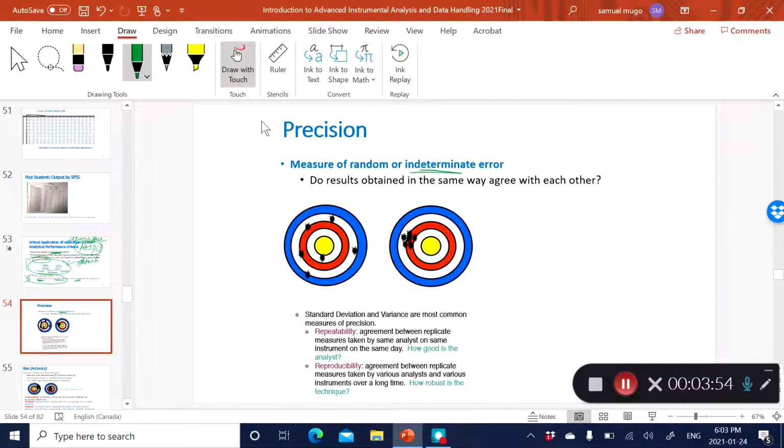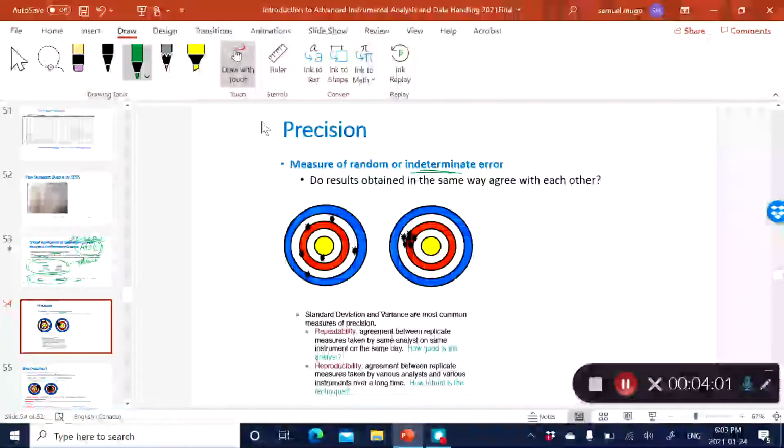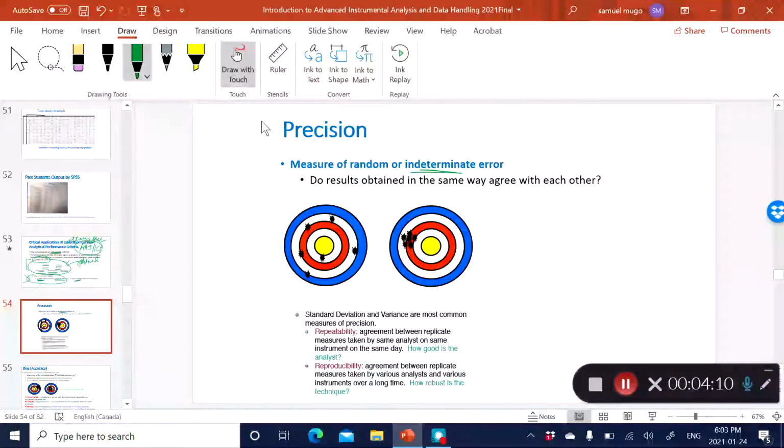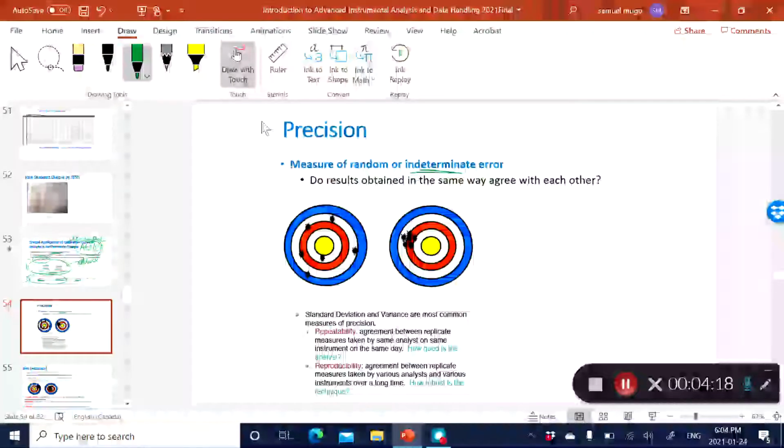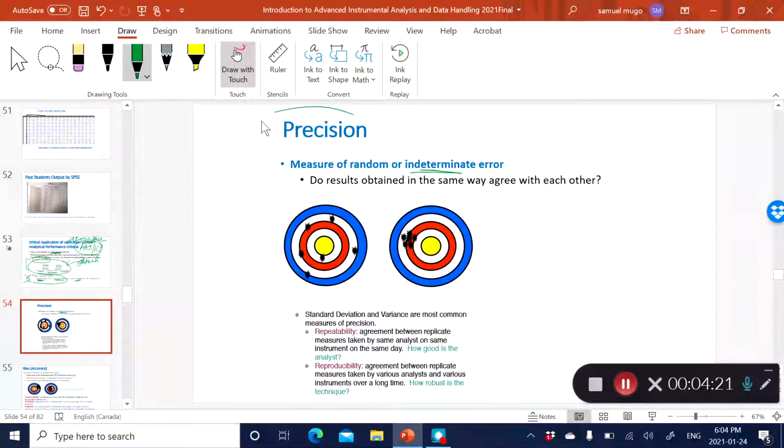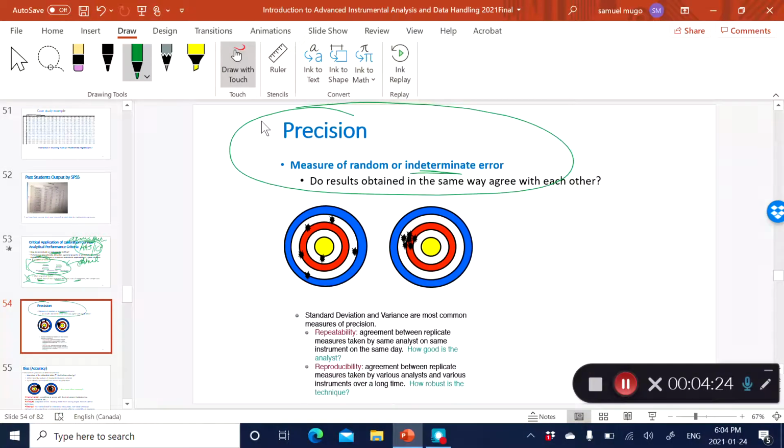All instruments out there have some aspects of indeterminate or random error. So if you analyze exactly the same sample 10 times, you won't get the same measurement. You would get some randomness in the number that you get, and that is what you refer to as precision.